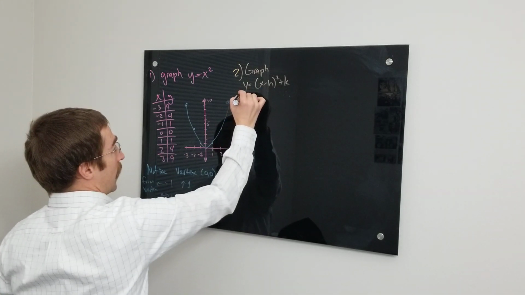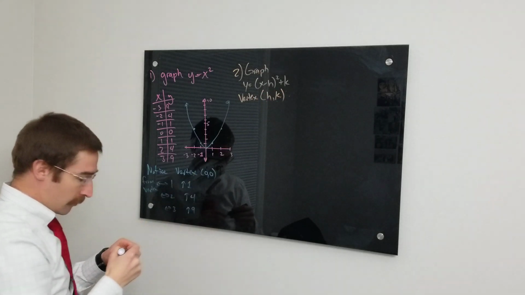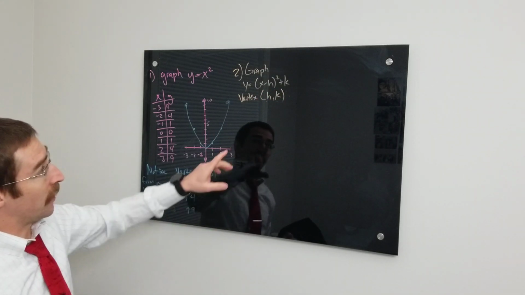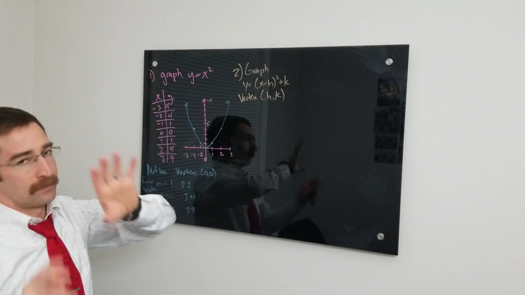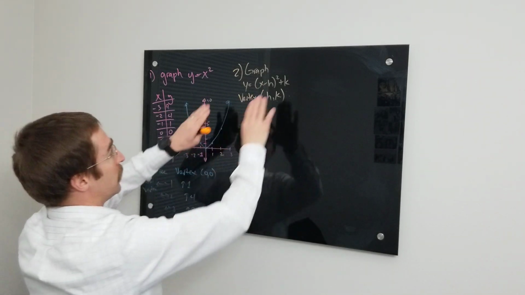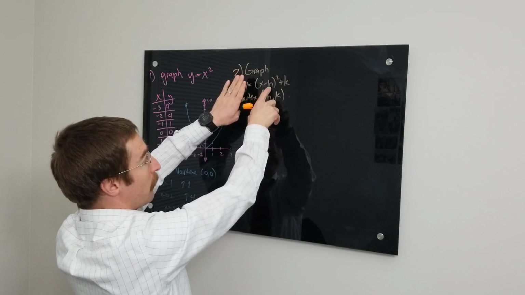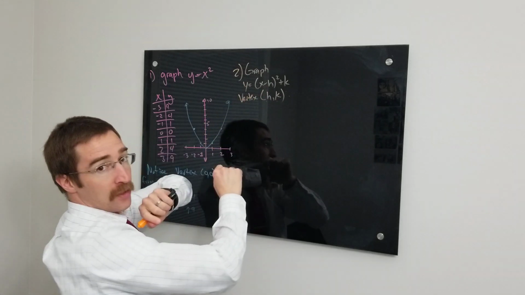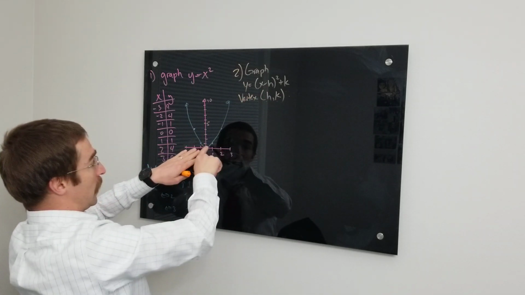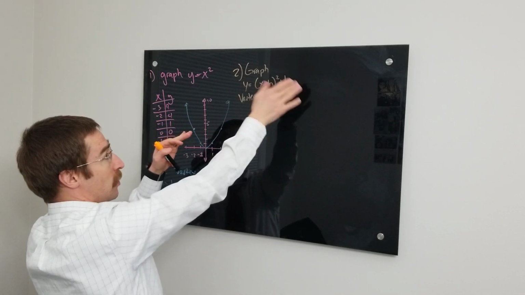So here the vertex is going to be at h comma k. Basically, if I want to get 0 squared, I need a number minus the same number. That's why we get h minus h right there for our vertex. Right, because the vertex is when the input, the thing getting squared, is 0. And it'd be 0 squared, which is 0, plus k.